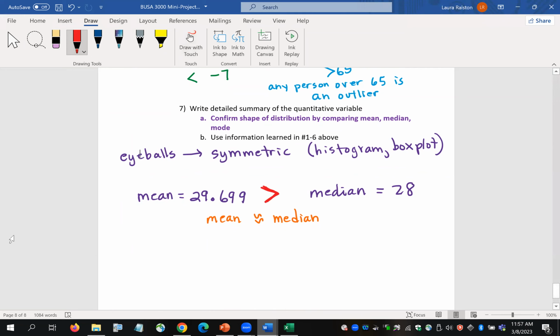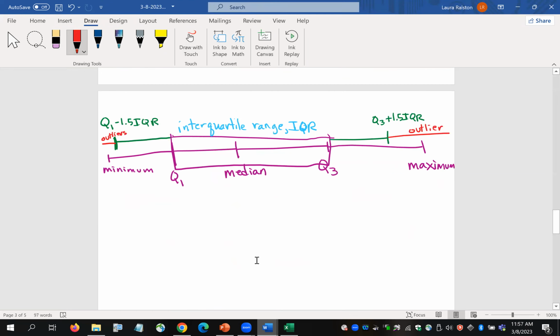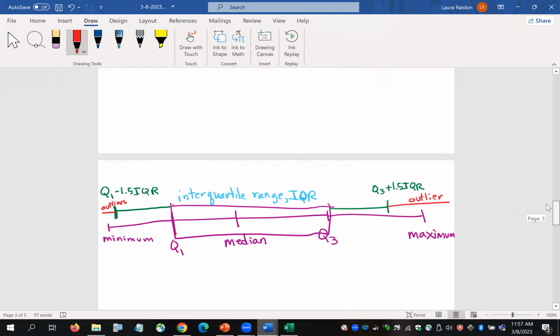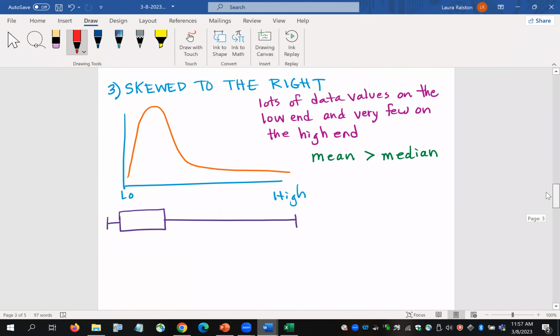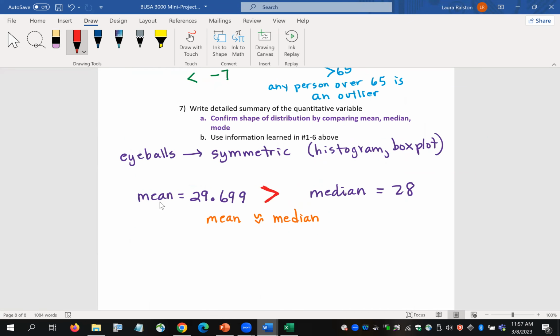And if you go back and look at our distribution options, when the mean is greater than the median, it's skewed to the right, meaning you have more younger people than you do older people. So by this number, our visual observation probably is incorrect.